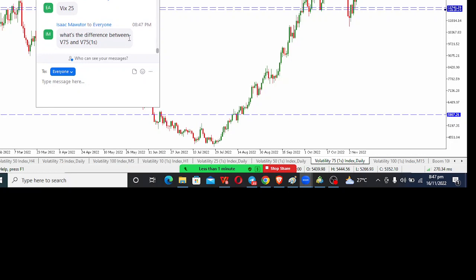Somebody also said V75 and 75 1S. Okay, so we are going to look at this space.